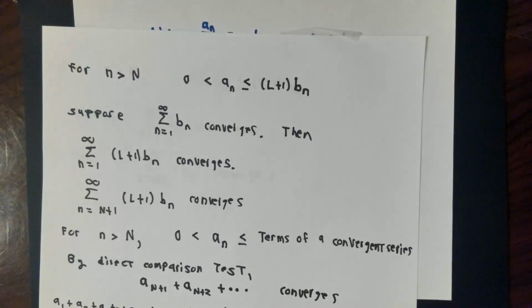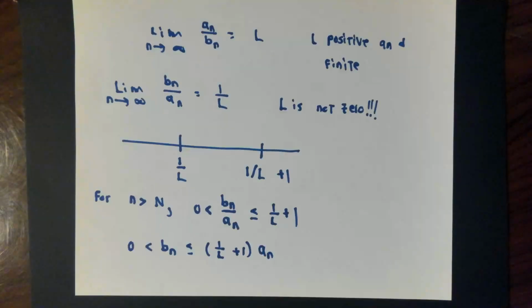Don't get hung up on the names of things. A and B are just names. Also, L plus 1 is just some positive number. 1 over L plus 1 is just some positive number. In the previous work, the A numbers were there, the B numbers were there, and that positive number was L plus 1, none of which makes any difference.